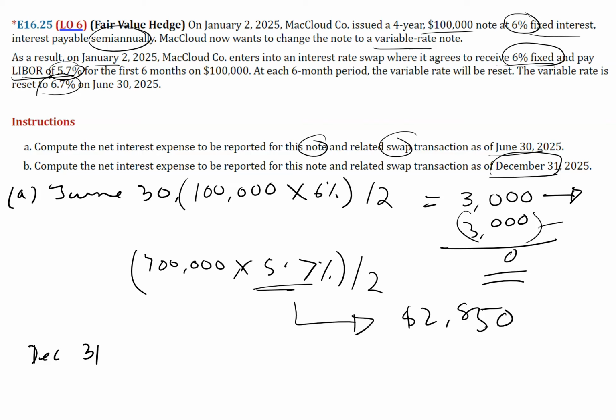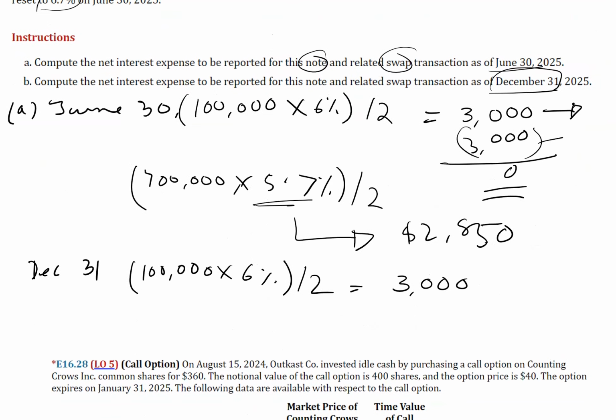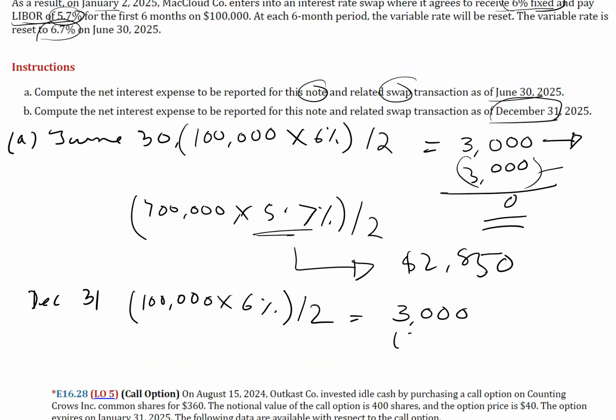So again, for December 31st, the total is 100,000 times 6% divided by 2. He will be paying $3,000 because of that notes, and at the same time he is receiving another $3,000. So this is actually canceling out, and net interest expense here is 0.